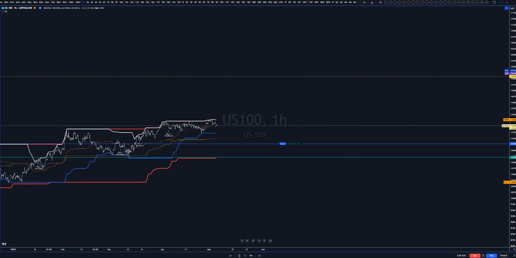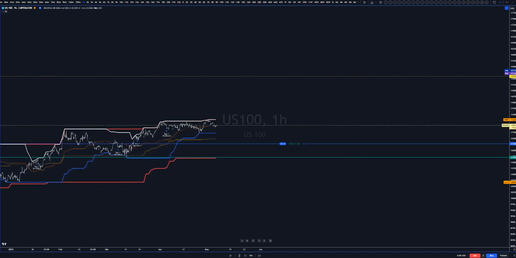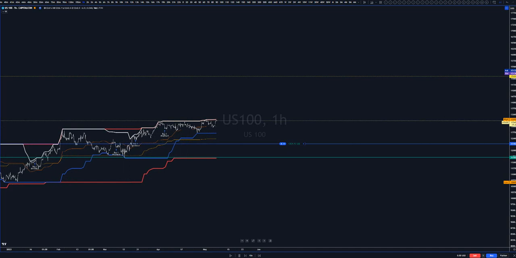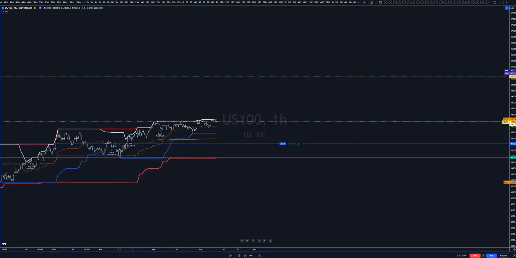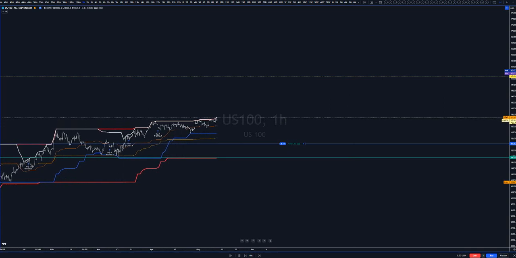So we have now a real edge here because the Donchian channels are based on higher time frames where the big players are playing, meaning we follow their move.